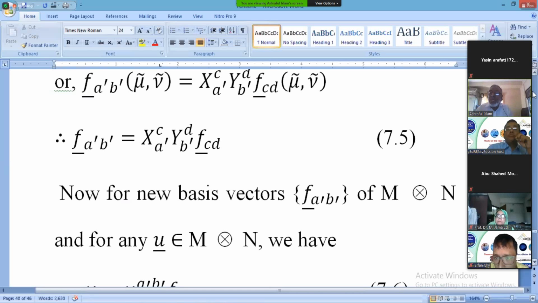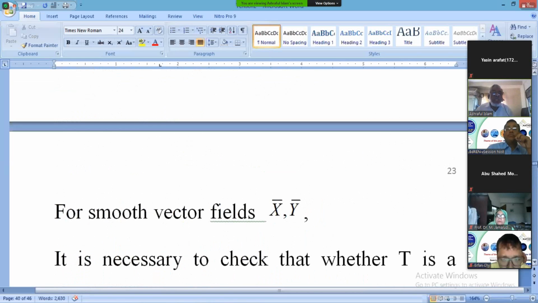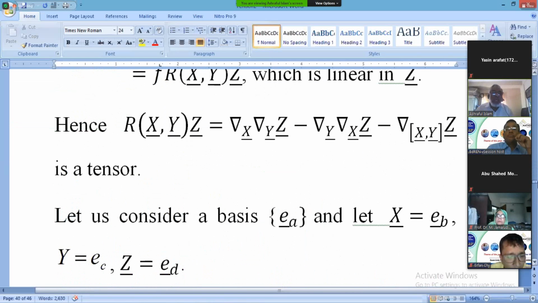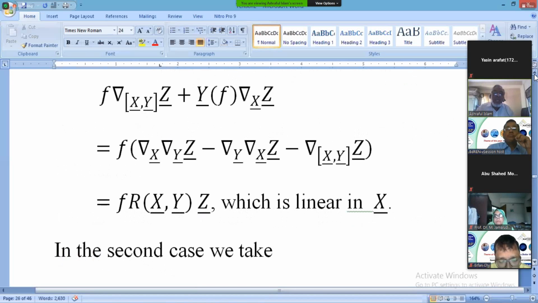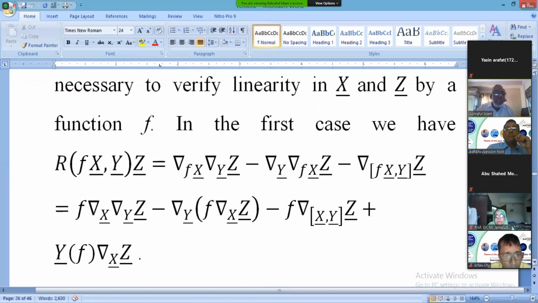Now I am taking that it is linear in every slot. I have used that linearity condition here. It is linear in x: if we replace x by fx and take f outside, then we may say that this functional is linear in x.